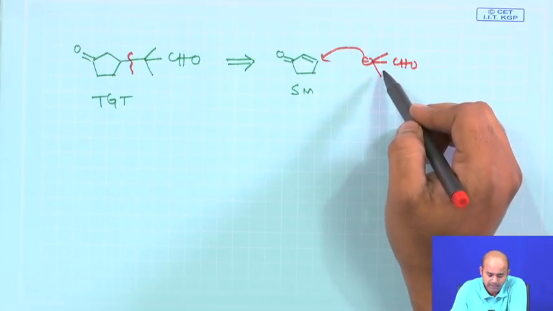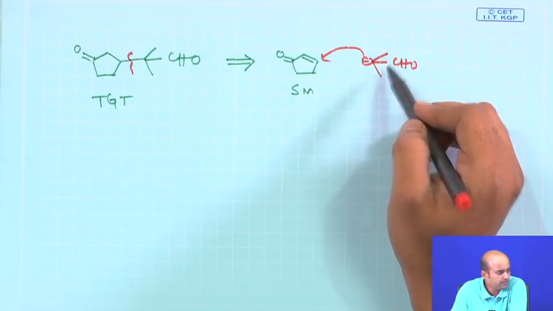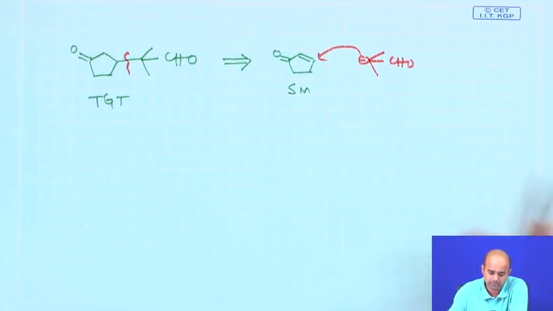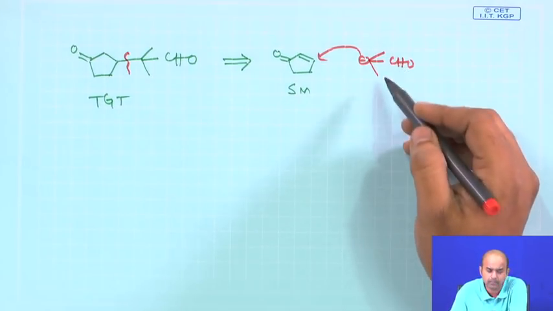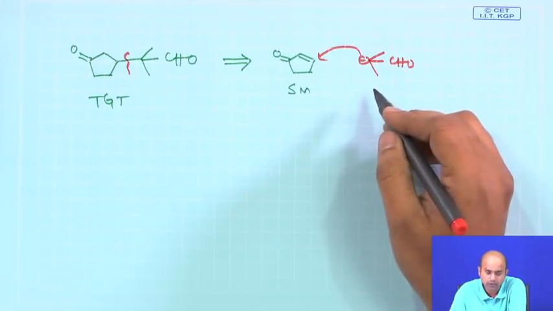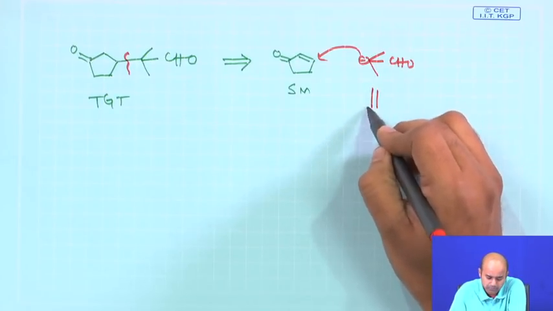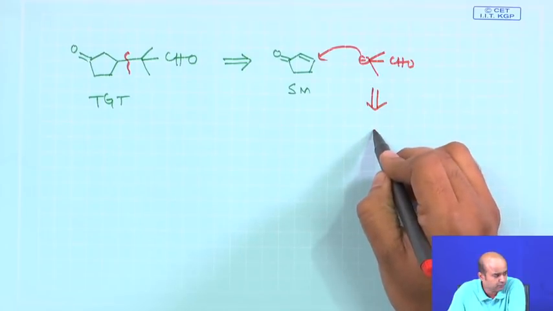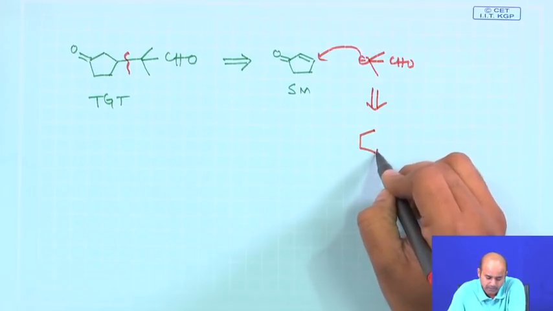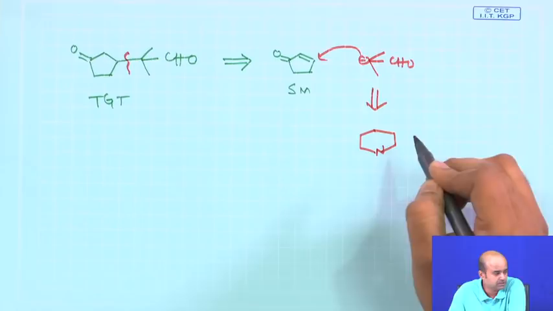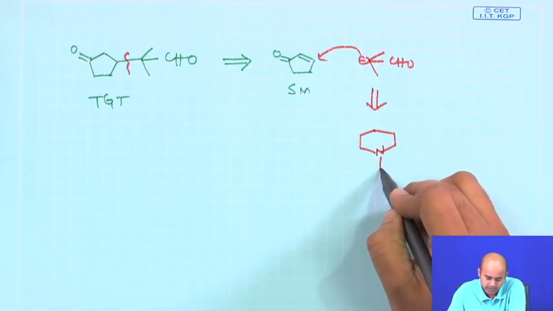But in reality, this anion probably you will not get. I mean, you can think about this kind of anion, but how to access it? Then a unique transformation named enamine alkylation will come into the picture.